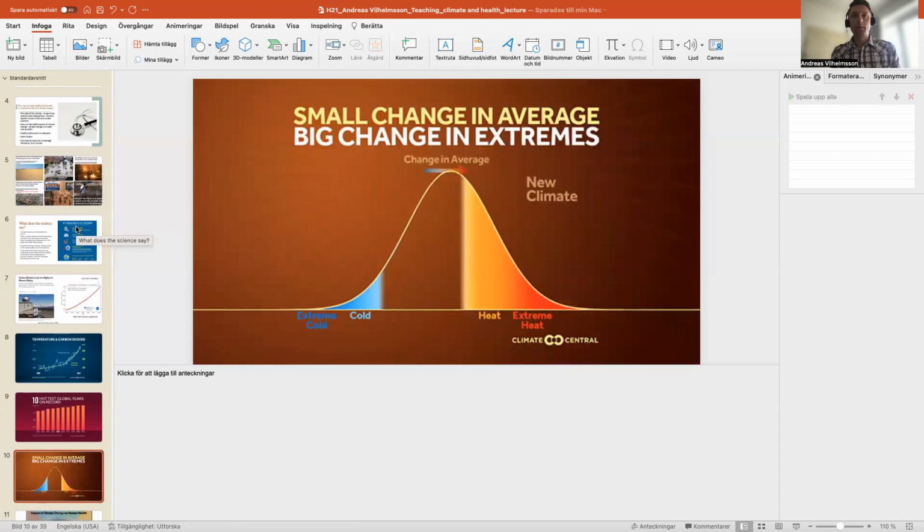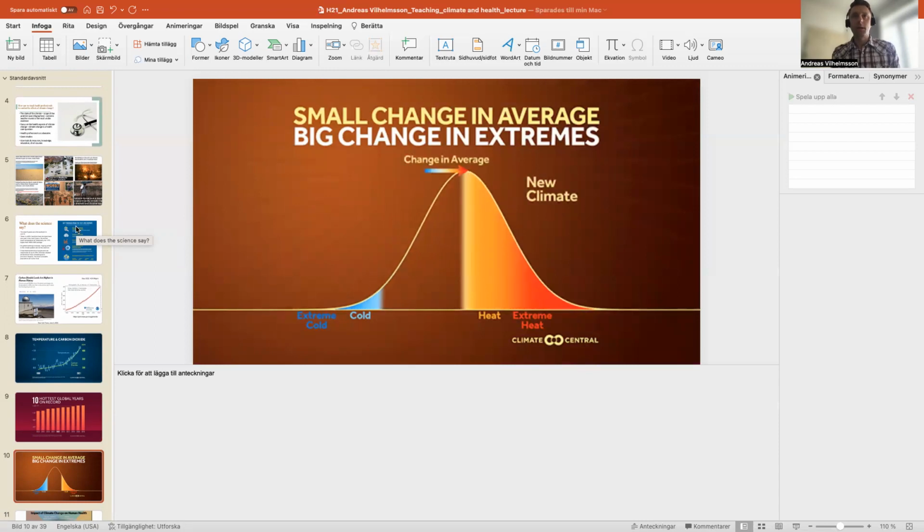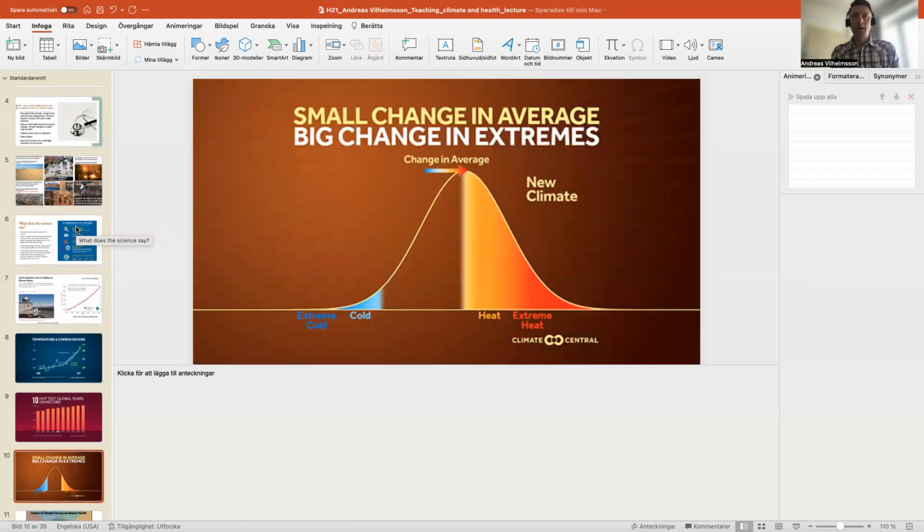And it's very important to explain that these small changes in the average can have big changes in extremes when we see this. We have a previous climate and we have a new climate, and we have more heat and extreme heat days and less cold.